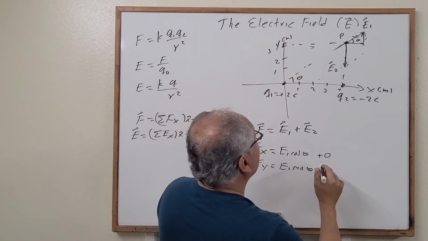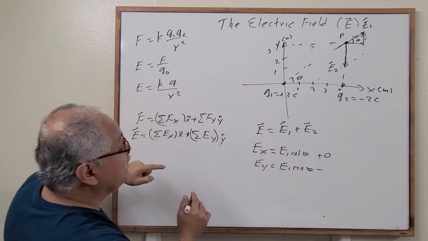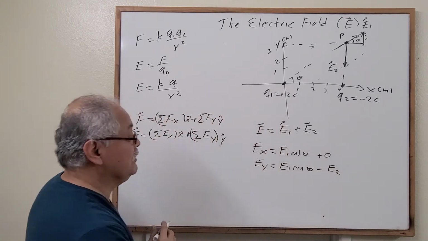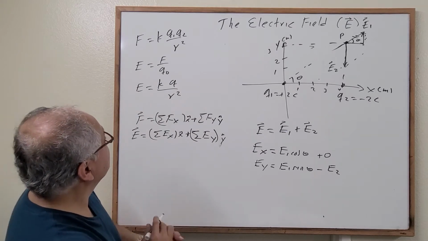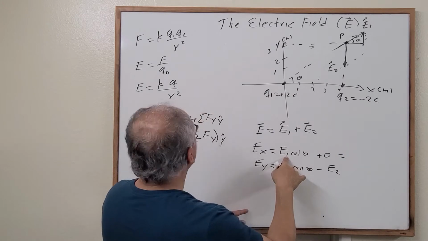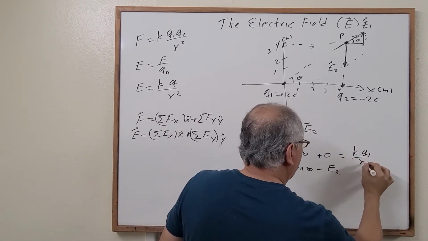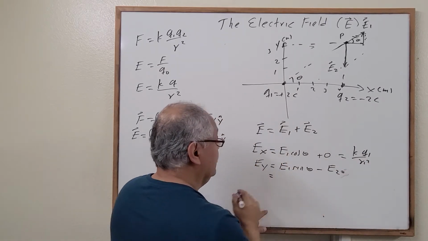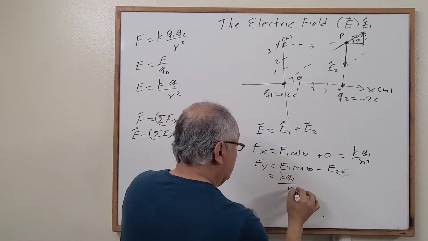Using this equation right here one more time, it is E minus E2 magnitude, because it goes down. And then we can substitute the values. For example, what is E1? E1 is going to be kQ1 divided by r1 squared. What about for this one? Well, what is E1 again? It's going to be kQ1 over r1 squared.